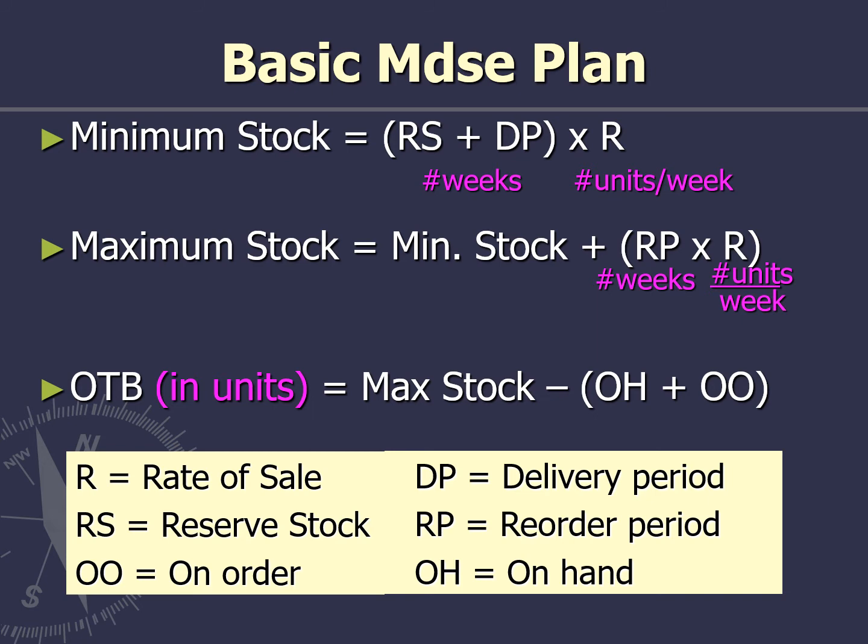That is the OO. So maximum stock minus on hand plus on order: that amount of merchandise has to be subtracted from the maximum stock for us to know the open to buy.